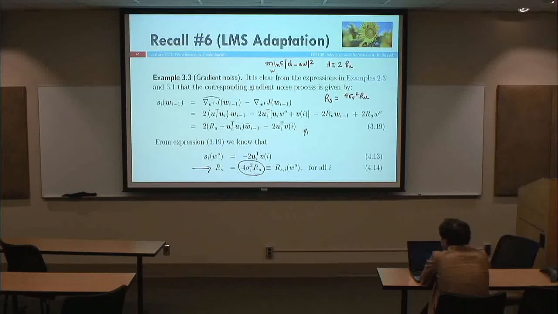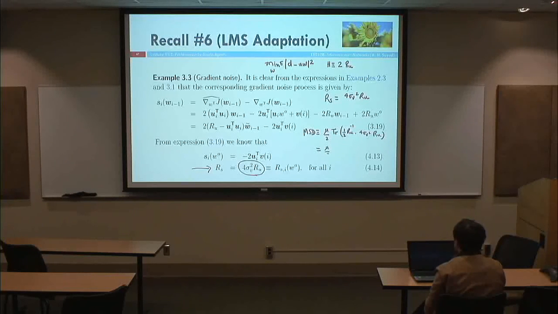And what is the MSD now? According to the theorem, mu over 2 trace of H inverse, so 1/2 R_U inverse, times R_S, 4 sigma_v squared R_U. So what do you get?